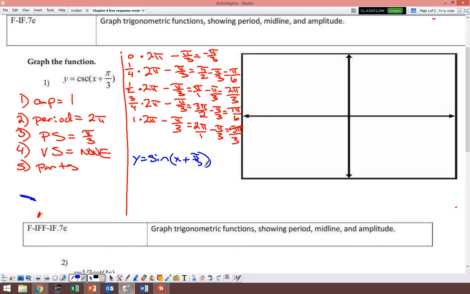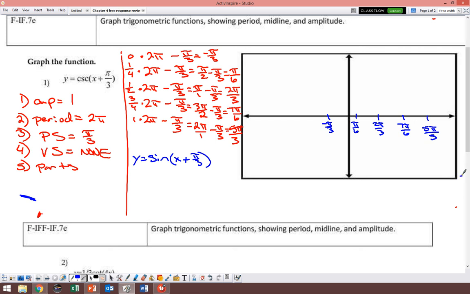So I'm going to start with my parts. So I start here at negative pi over 3. Next one's going to be pi over 6. 2 pi over 3. 7 pi over 6. And 5 pi over 3. So I have all my parts there.